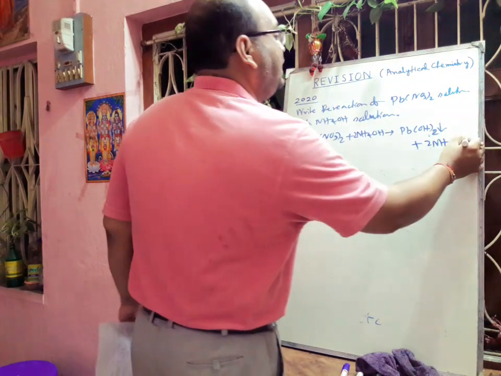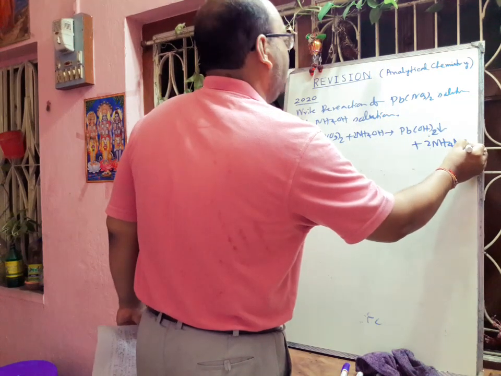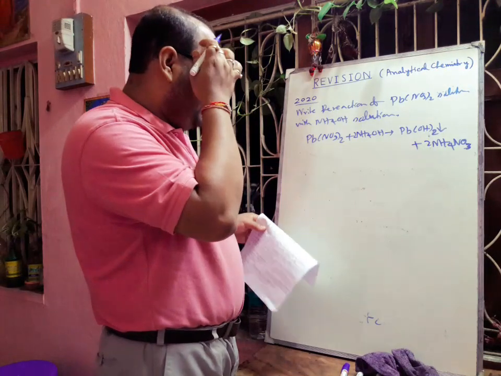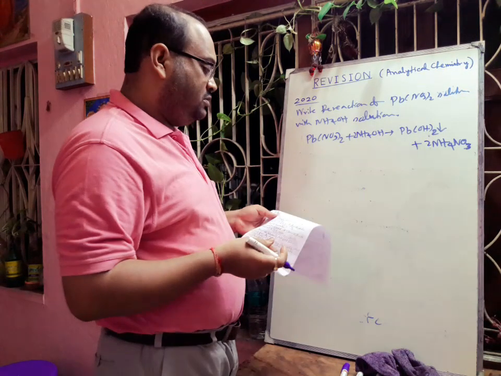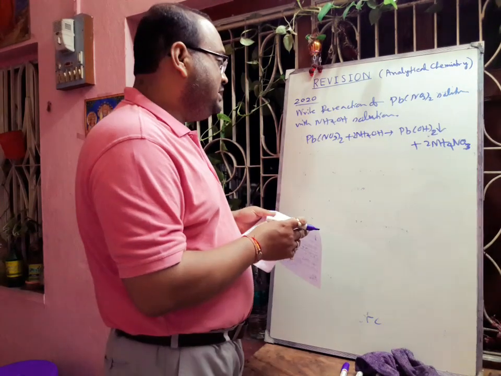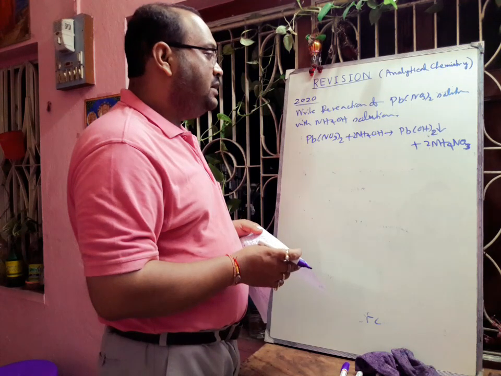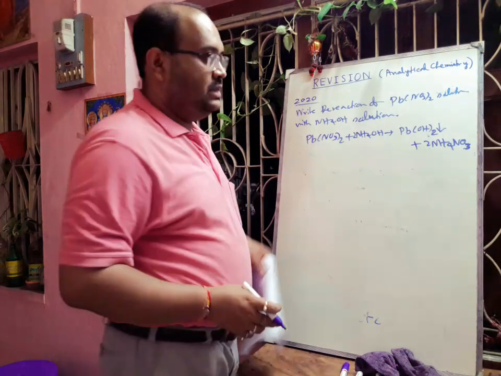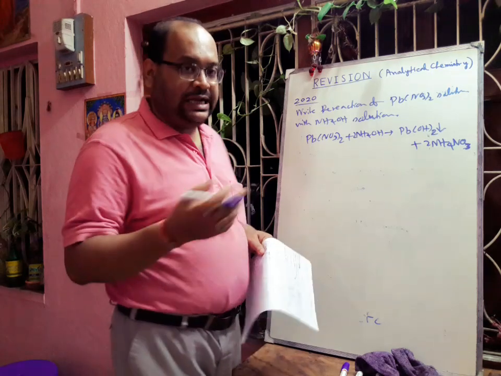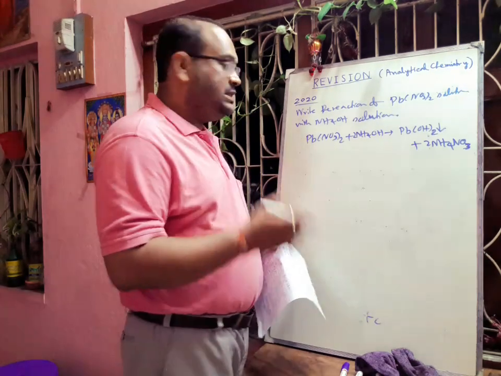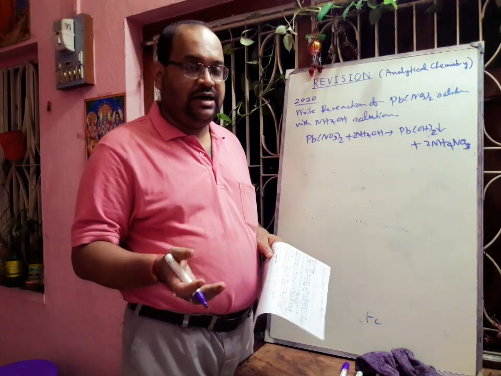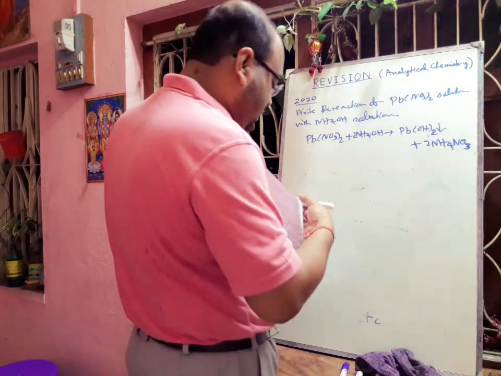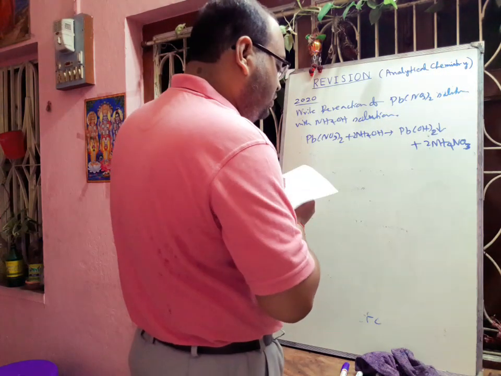If we add excess ammonium hydroxide, it will remain insoluble. So this will be the reaction of ammonium hydroxide with lead nitrate. Whenever you are writing a chemical reaction, the reaction should be balanced, otherwise marks can be cut off. Next we will discuss the year 2019.